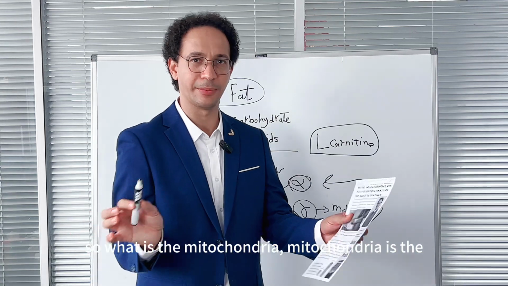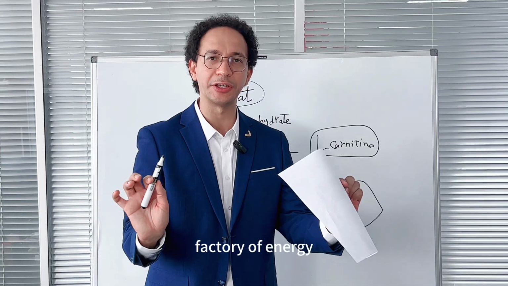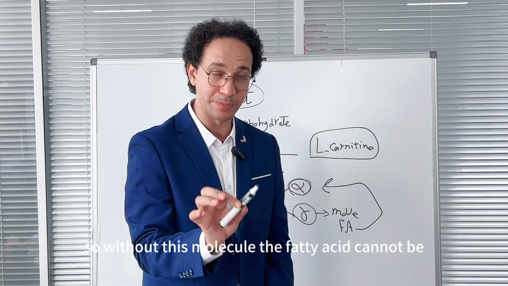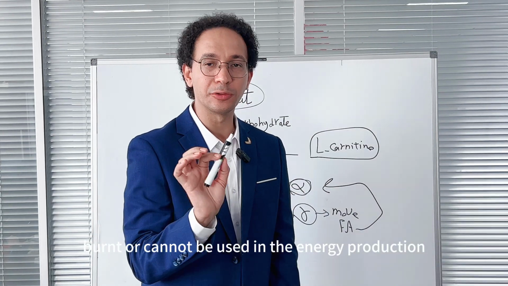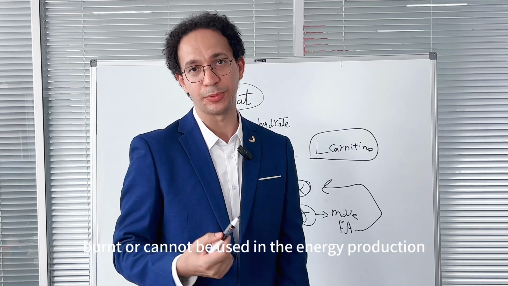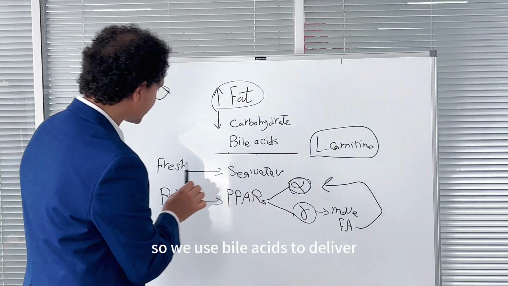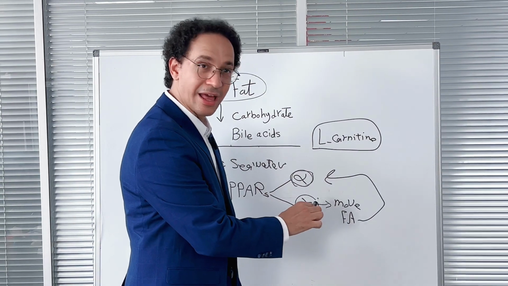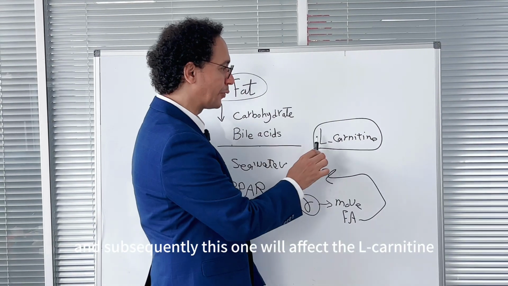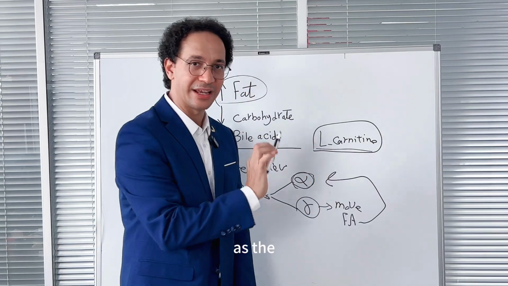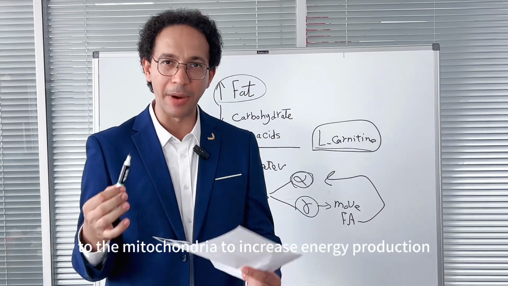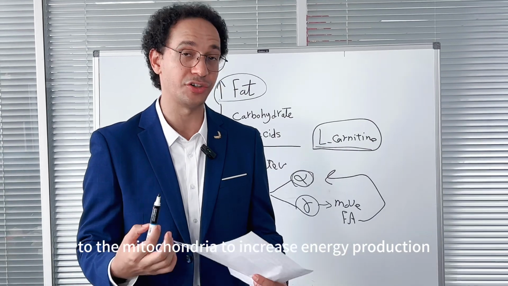So what is the mitochondria? Mitochondria is the factory of energy. So without this molecule, the fatty acid cannot be burned, cannot be used in energy production. So we use the bile acid to deliver and increase the fatty acid oxidation, and subsequently, this will affect the L-carnitine, as the L-carnitine is a transporter of the fatty acid to the mitochondria to increase the energy production.